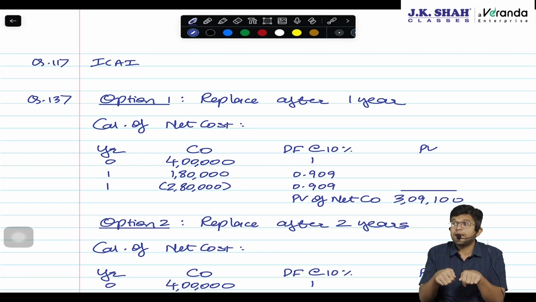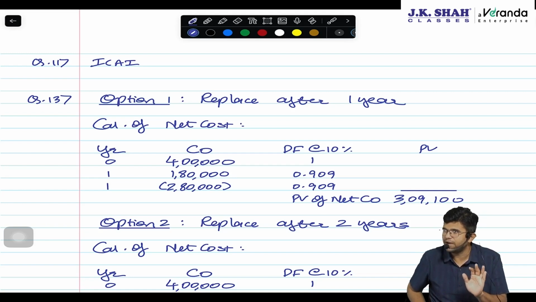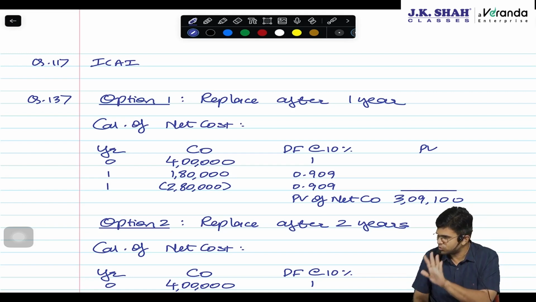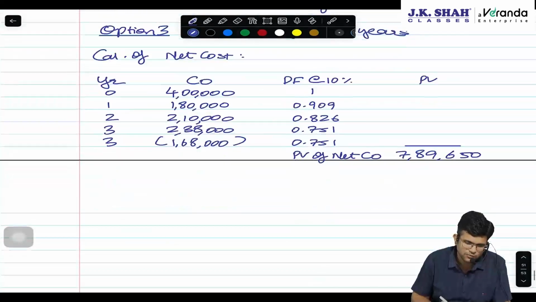So to compare, we don't divide by number of years, we divide by PVAF. You remember? You divide by annuity factor and then you get the annualized answer and then you compare. Why you divide by annuity factor is out of the scope of this discussion, forget it. But in Inter you used to do this equivalent annualized benefit or equivalent annualized cost.